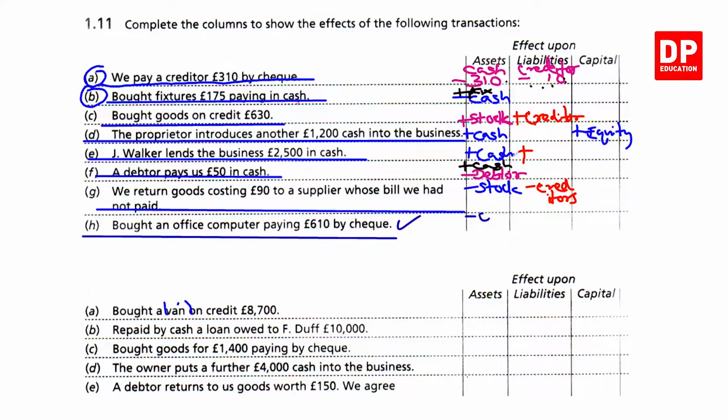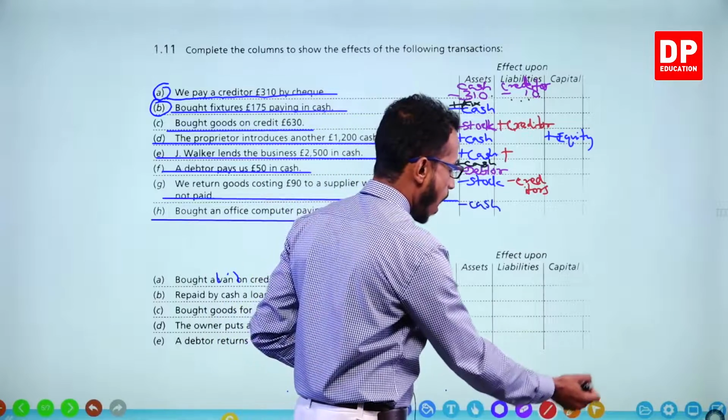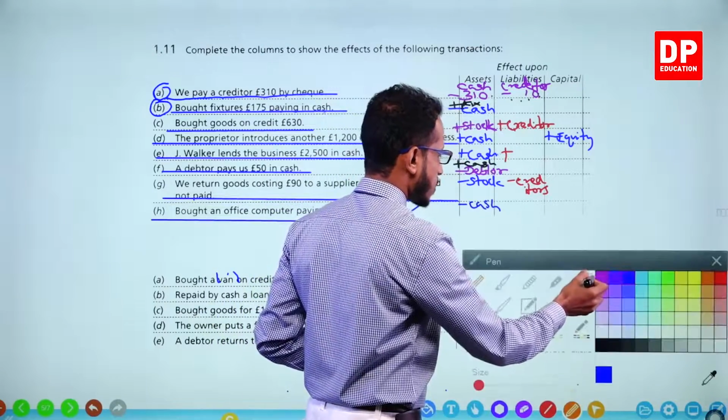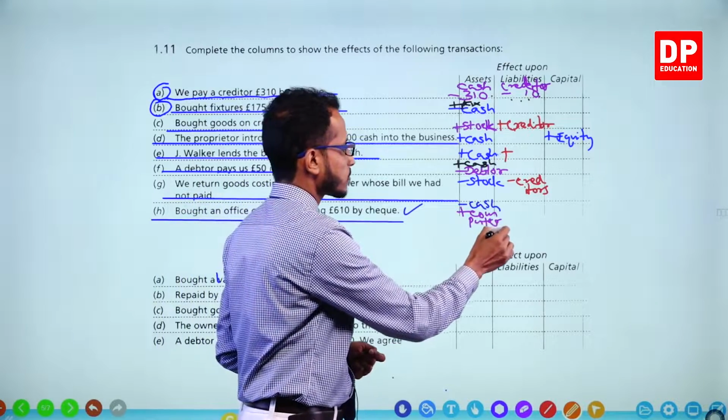Minus cash under assets, but plus a computer, because we got a computer. Plus computer.